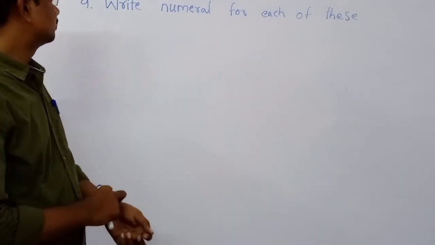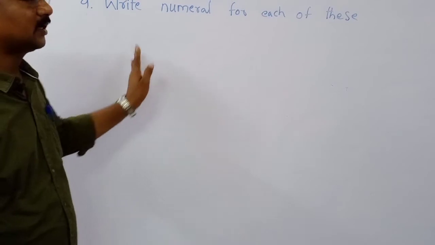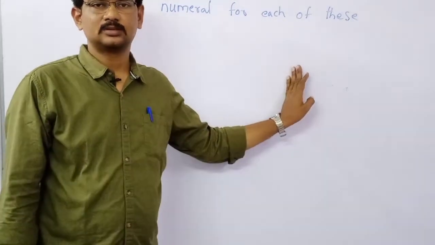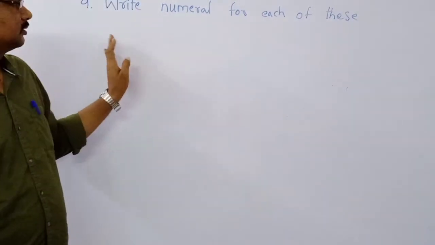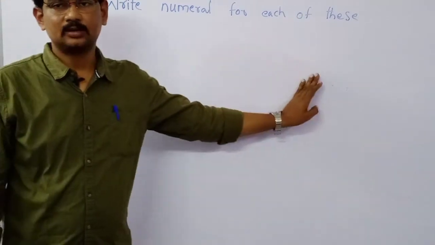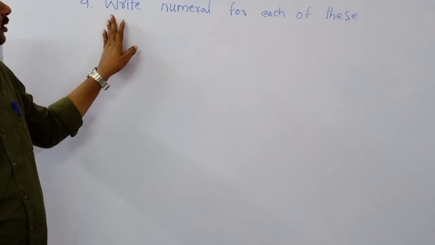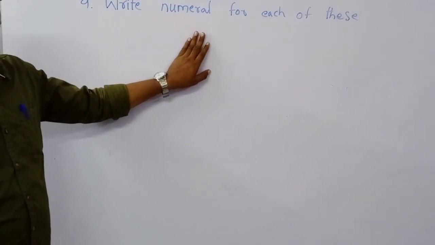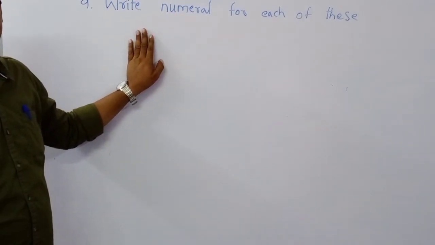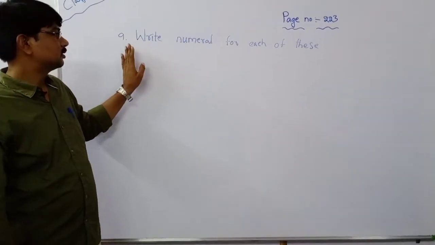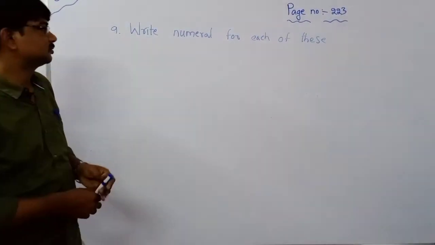Nothing is here, just expanded forms are given. To understand how to write numeral, let us have some examples, children. Okay? Let us have some examples.